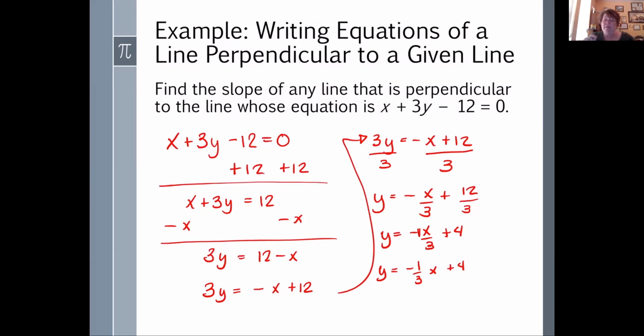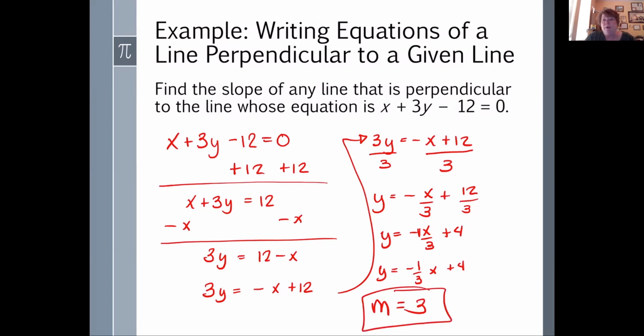So to find the slope of a line perpendicular to this given line, I take the -1/3 and I flip it over. So I'm going to get -3. But then to find the slope of a line perpendicular, I also have to change the sign. So I flip it over and I change the sign. So the slope of a line perpendicular to this line would be 3.